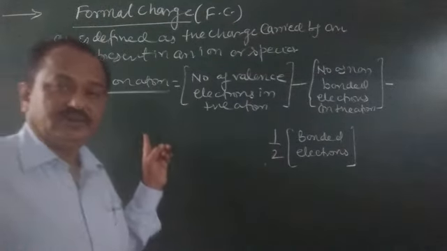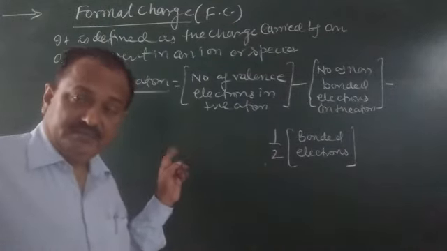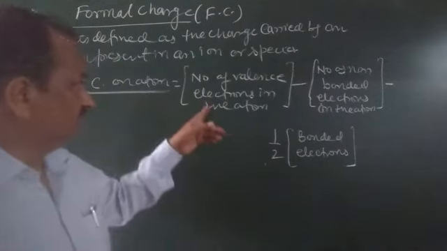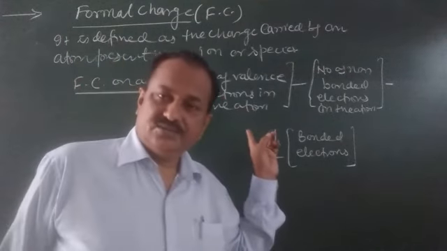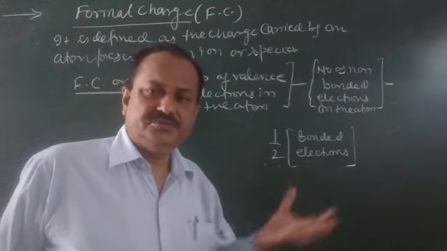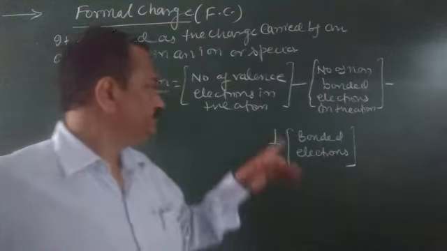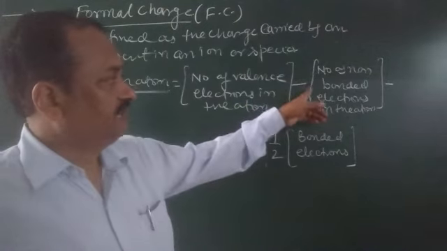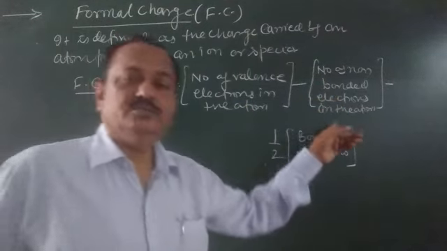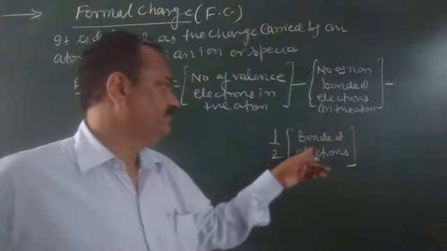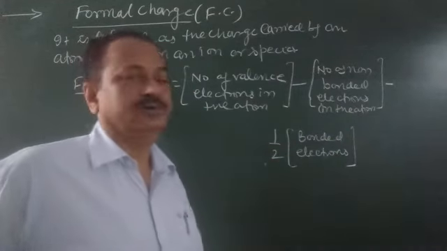So once again, formal charge on an atom in an ion or molecule is equal to the number of valence electrons, which can be found out with the help of electronic configuration, minus the number of non-bonded or lone pair electrons, minus half of the bonded electrons.